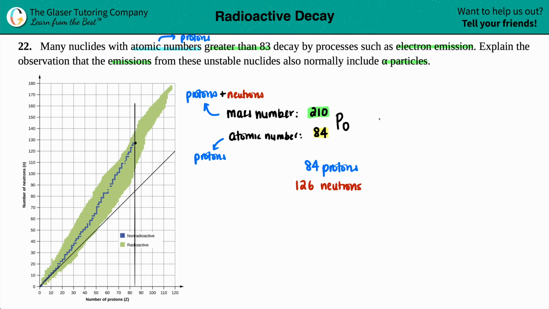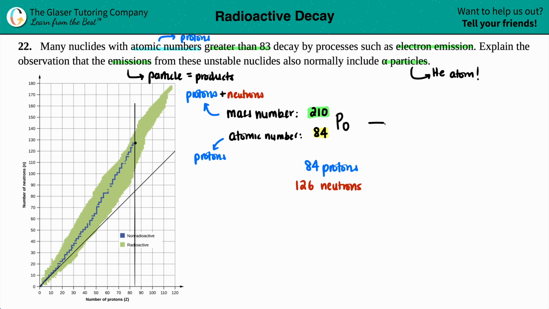But now let's see what happens when we emit an alpha particle. Emission means that you're throwing that particle out into the products or into the atmosphere. If you're emitting something, you're throwing it out there for everyone to see. So that means your particle is going to be on the product side. Now, just know that an alpha particle is the same thing as a helium nucleus.